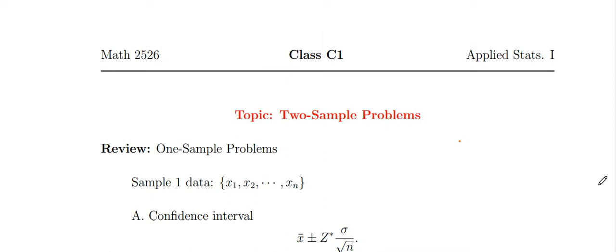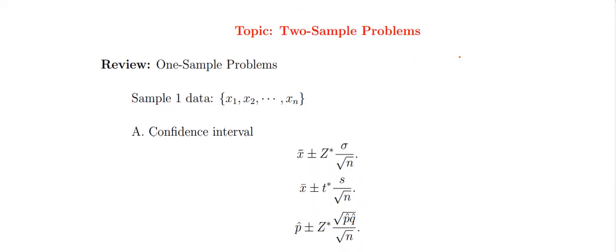The one sample problem is just like we have one sample of data. From this data, we can do two things, right? First, find a confidence interval for the population's average mu, or for a proportion.